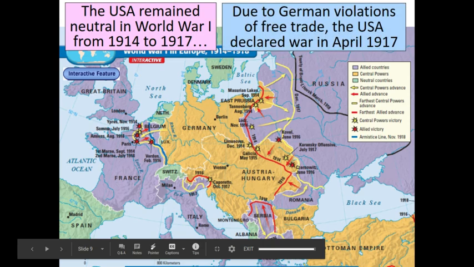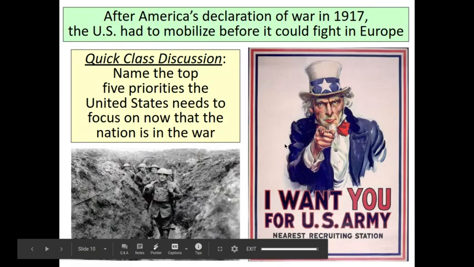What was it that finally got us to start fighting German violations of free trade, specifically unrestricted submarine warfare?